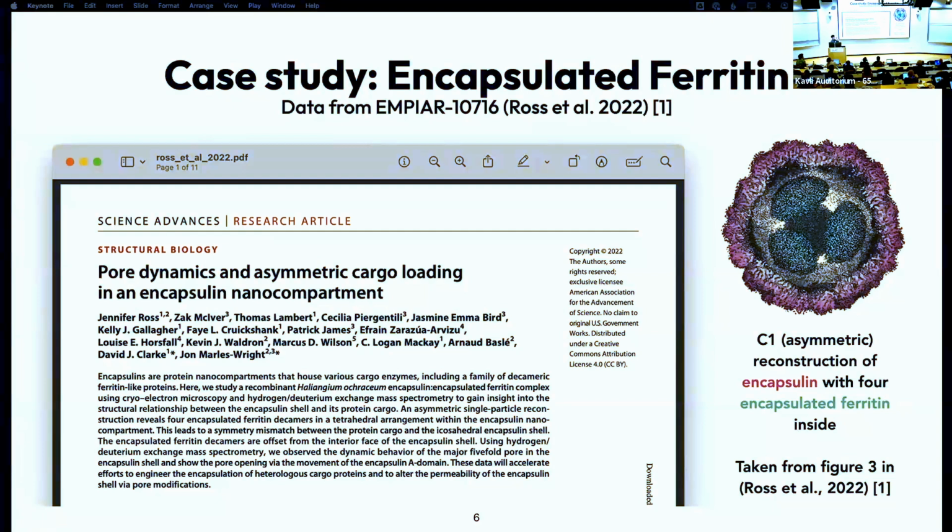And note that this is not their final or highest resolution structure. We'll show that a bit later. Today, we'll show how a practitioner might go about processing this data set to reconstruct both the encapsulin and the encapsulated ferritin. And doing so, we'll actually be able to get a high resolution structure of the encapsulated ferritin, higher than what we've seen before.